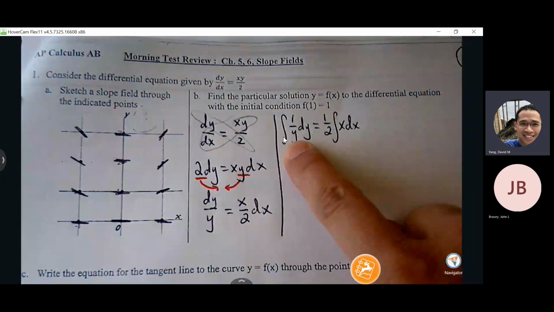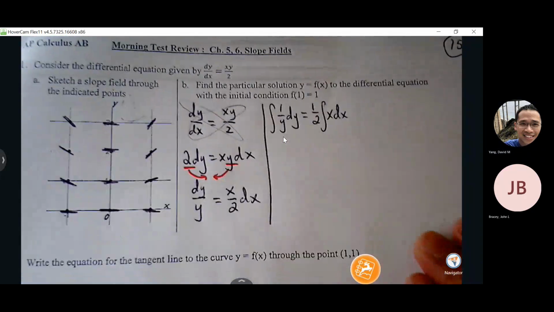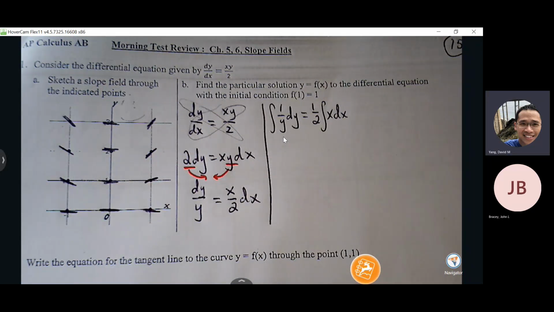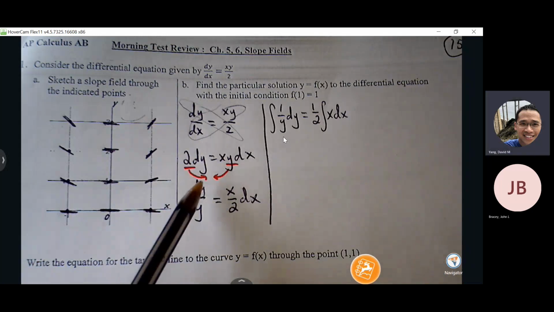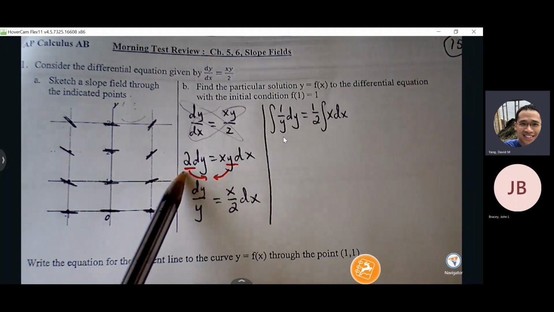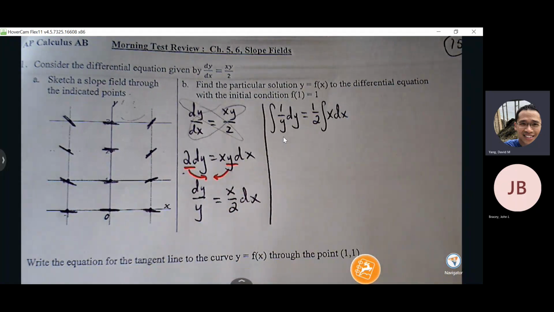Natural log rule on the left, power rule on the right. How come the 2 can't just remain there? Eventually we have to solve for y, so you can leave the 2 here, but eventually you can move the 2 over to the right. I just like to do as much cleanup as I can as I move along, but if you leave the 2 there, it's fine, but at the end you're going to move it over anyway.